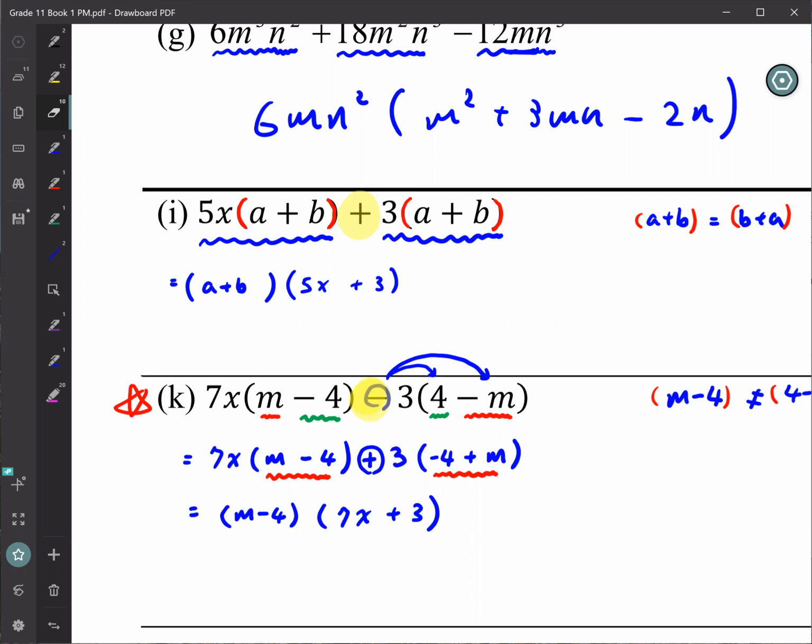Okay, so my question was, are the brackets the same for question I? Yes. Okay, then what do we do? How do we factor if the brackets are the same?